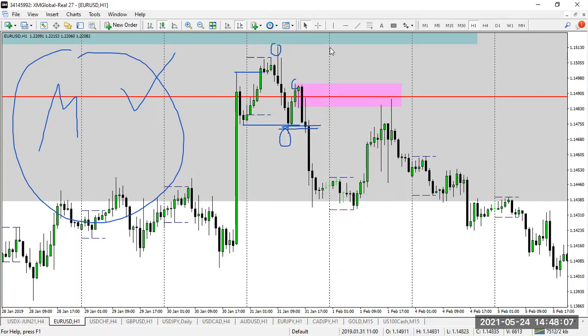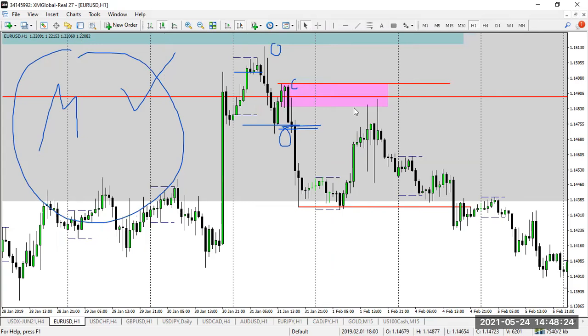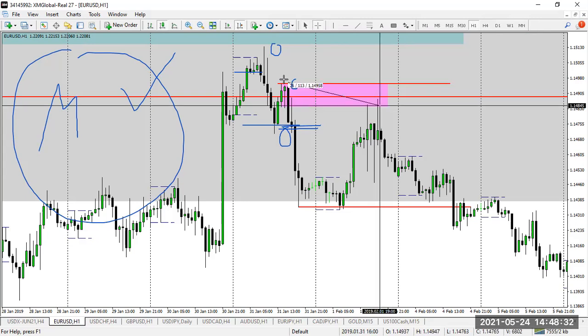Then on 1 hour, we have a lower low here. So our range on 1 hour is this. A lower low, then range in discount, then there, lower high. Return to it, so you can sell here. Sell on this order block. Put your stop loss above the order block.